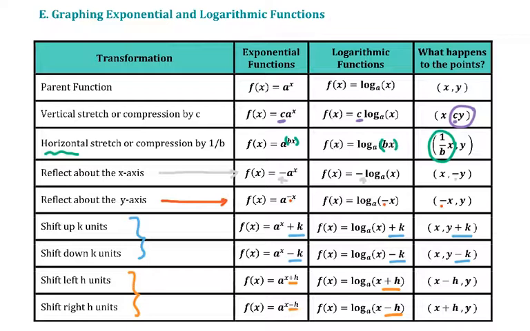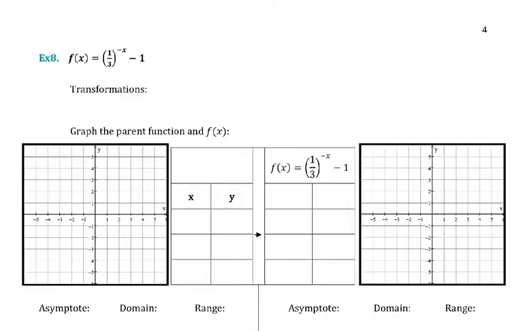And what you want to notice is that we are going to do the opposite. If it's adding on the inside, we're going to subtract that h value from x. And if we're subtracting on the inside some number from x, we're going to add that to x in our ordered pair. So let's apply this and figure out some of these transformation graphs.